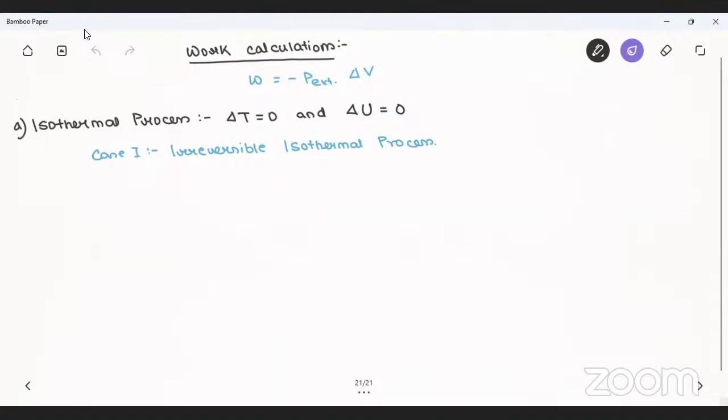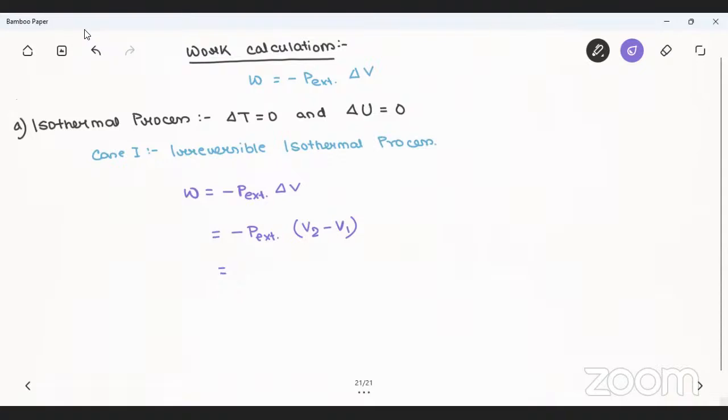Now, how will we solve the question? I told you the definition for work done. The basic definition is minus P external delta V, which means V2 minus V1. And I told you that in this system there is an ideal gas. Now we will replace V with the nRT form. Why?